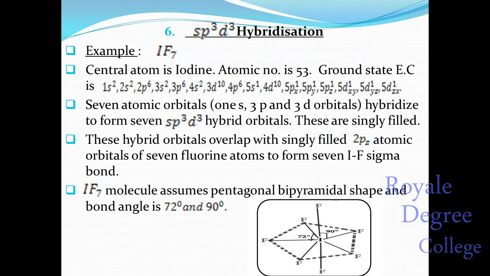Now we'll talk about sp3d3 hybridization. The example is iodine heptafluoride. The central atom is iodine here. The atomic number of iodine is 53.